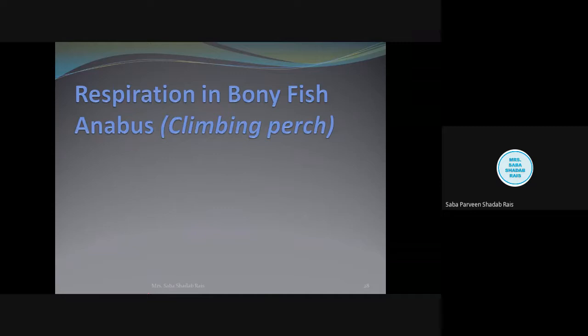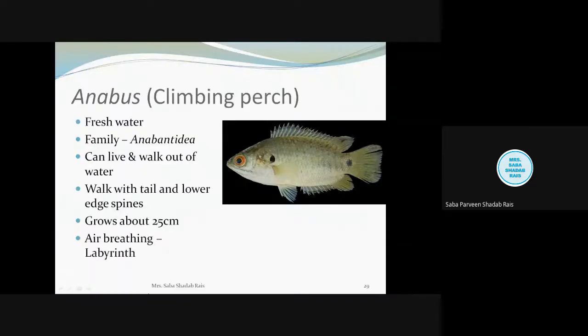When you observe, their body is very rough and spiny. You can see it like this. You will not believe it, with the help of their spines they can climb even a coconut tree. They are freshwater, from the family Anabantidae. They can live and walk without water, walking with the tail and lower edge spines.